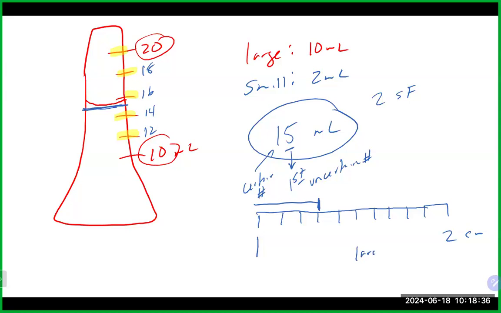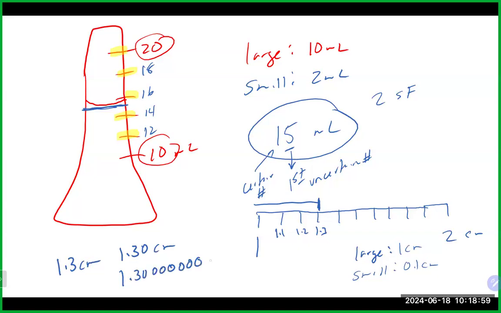We have our large marking, which is 1 centimeter, and our small marking, which is 0.1 centimeters. And we can see 1.1, 1.2, 1.3. So when I take this measurement, should I record 1.3 centimeters, 1.30 centimeters, 1.30000000 centimeters? I feel like that's too many, and I would agree, too many zeros. More is not always better, so that is definitely not right.